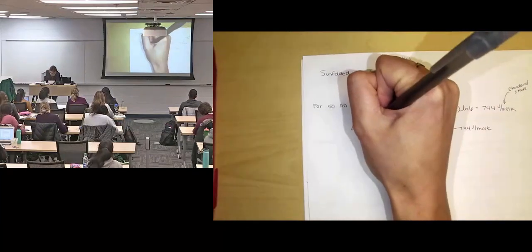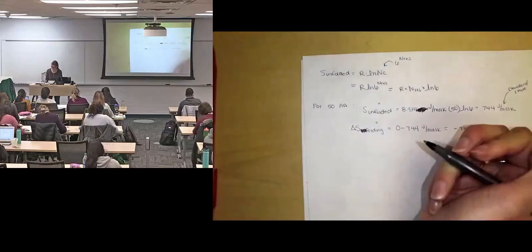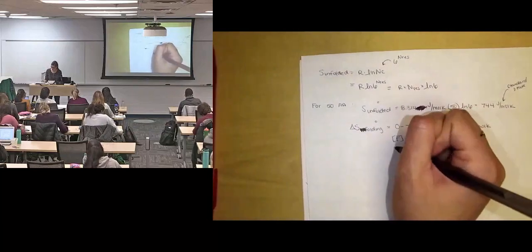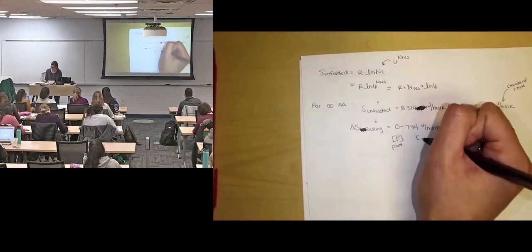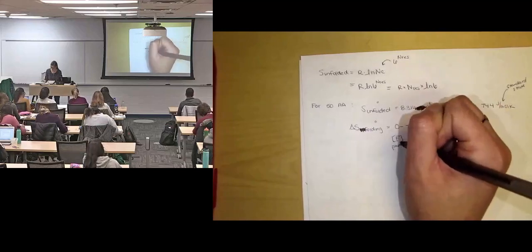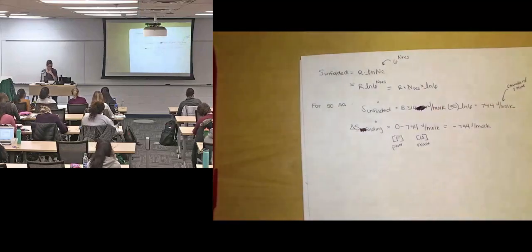My sign makes sense because I know that when it's folding, I'm so sorry, the change in entropy when I fold up, this is the folded state, this is my product, and this is my reactant. I started unfolded and I folded up. Apologies. I expect it to be negative.